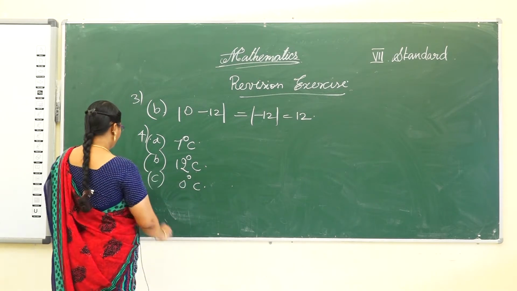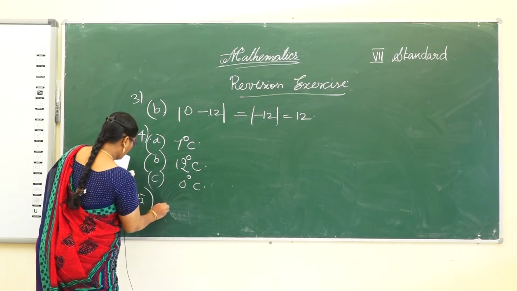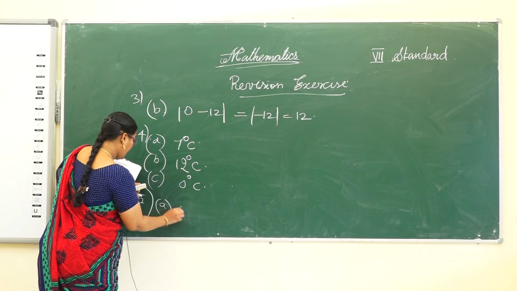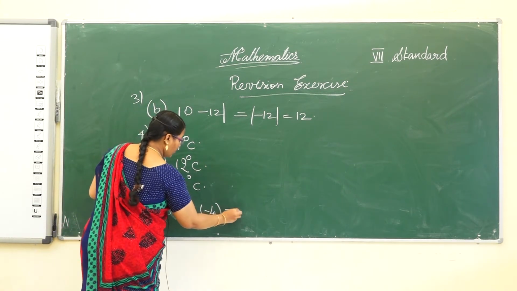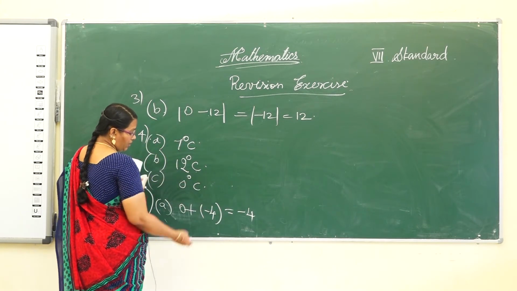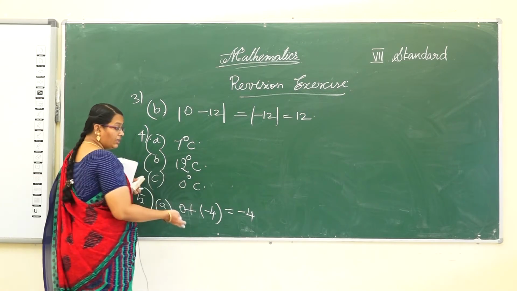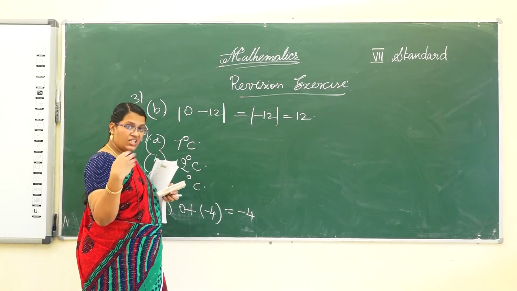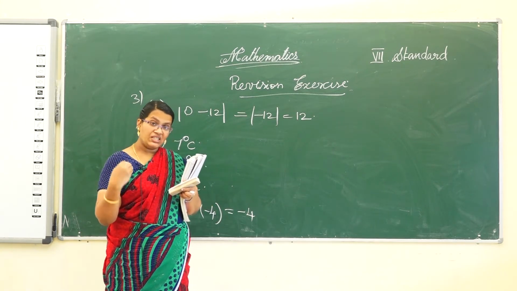And then the fifth problem. Add the following. Option A, 0 plus minus 4. Add, what we get? Minus 4. Two different signs are there, so subtract, and we get the answer also minus 4. Any number added with 0, we get the same number.